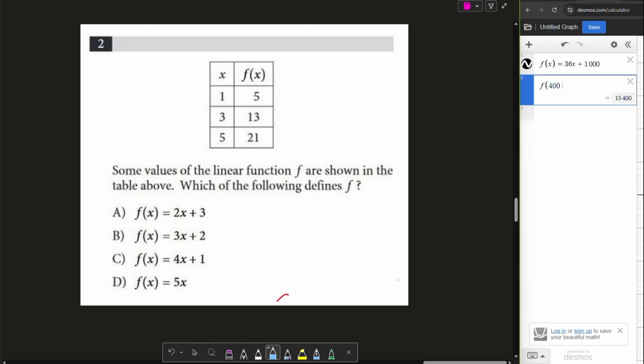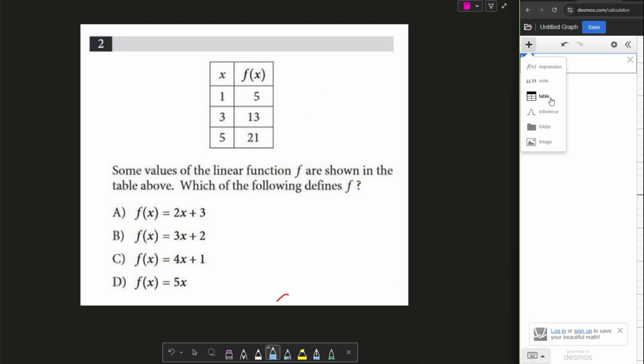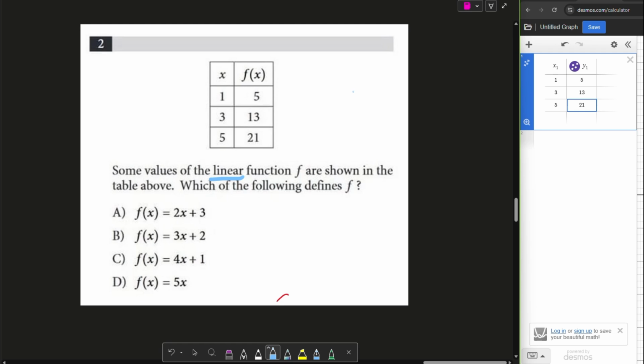Okay, let me show you this question. Now, this is a table, and let me create a table in Desmos, and let me put all of the values that I have. These are all of the coordinates, and we are told that this is a linear function. Because it's a linear function, if you have two or more coordinates, this button right here will appear, which is an add regression button.